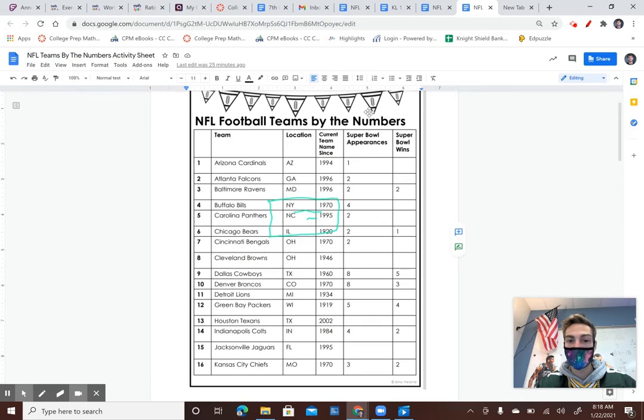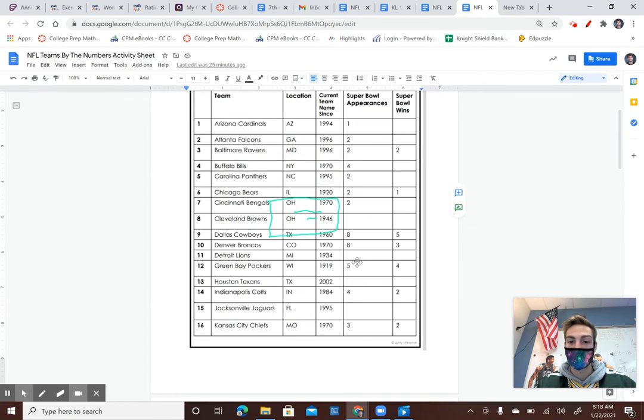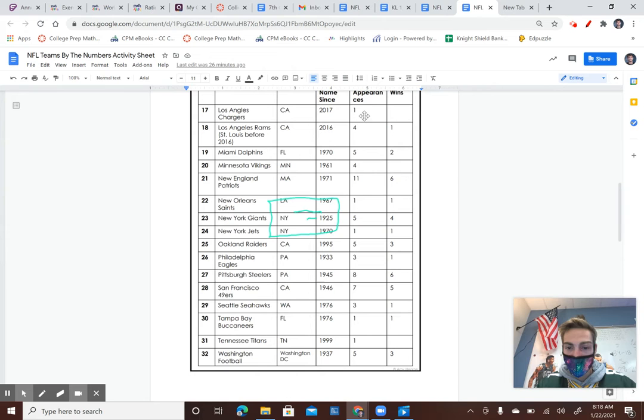So I'm looking at Super Bowl appearances right here, and the Cleveland Browns do not have a number under Super Bowl appearances, so they haven't been there. The Detroit Lions haven't been there. The Houston Texans haven't been to the Super Bowl. And the Jacksonville Jaguars. So far, 4 teams have not been to the Super Bowl. Are there any more? No, it looks like all other teams have been there.